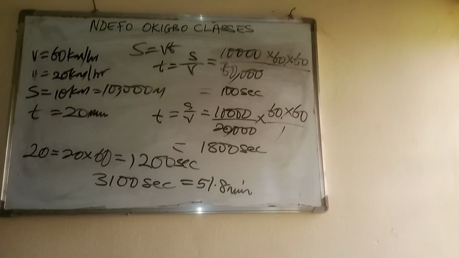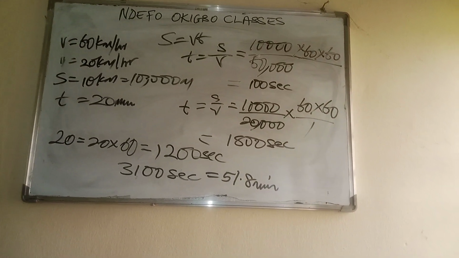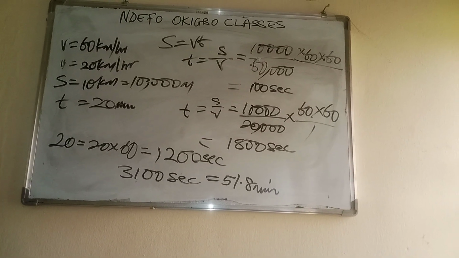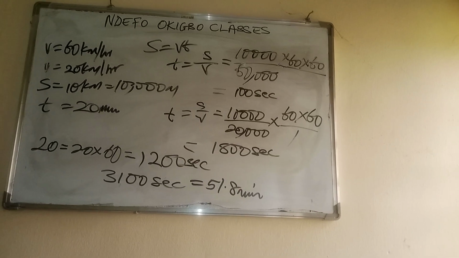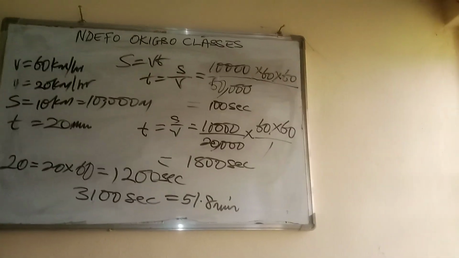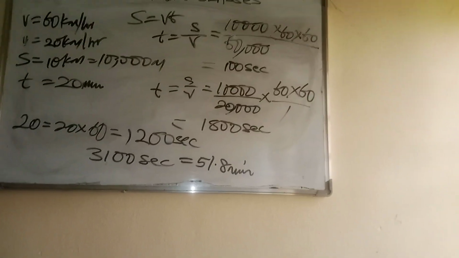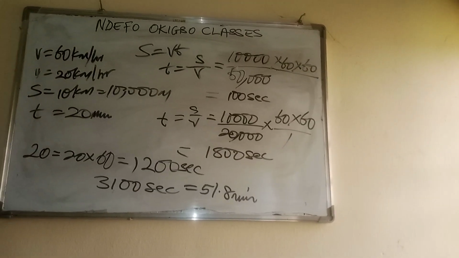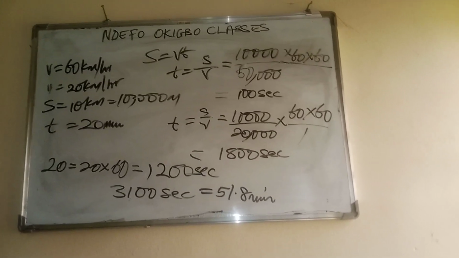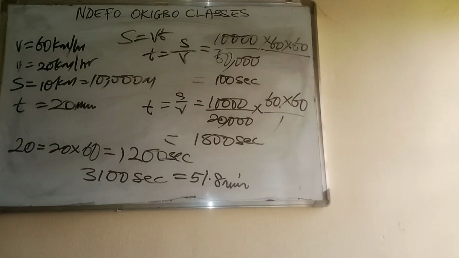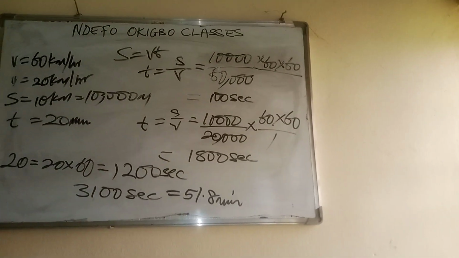So let me now give the question. A sand tipping vehicle, that's a tipper, went empty to a borrow pit at a speed of 60 kilometers per hour and came back from the same borrow pit, loaded, at a speed of 20 kilometers per hour.